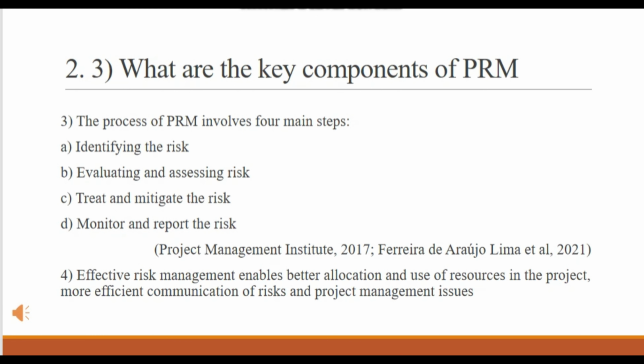Moreover, the key benefit of PRM is that through achieving effective risk management and better allocation and use of resources in the project, there will be more efficient communication of risks and project management procedures within the company.